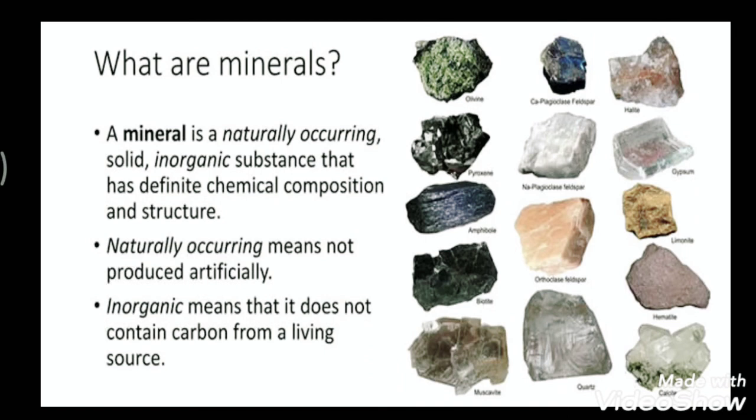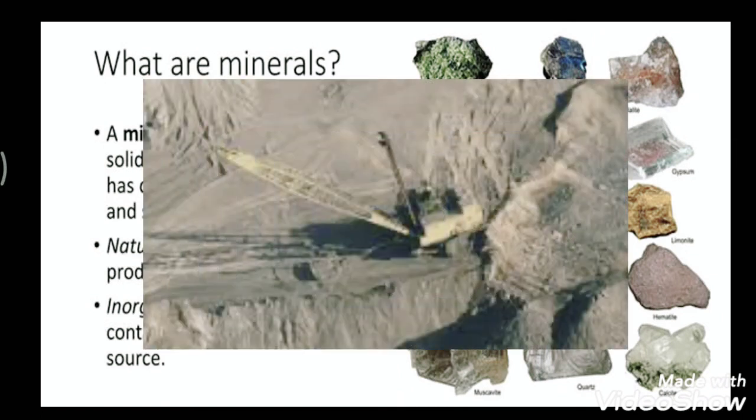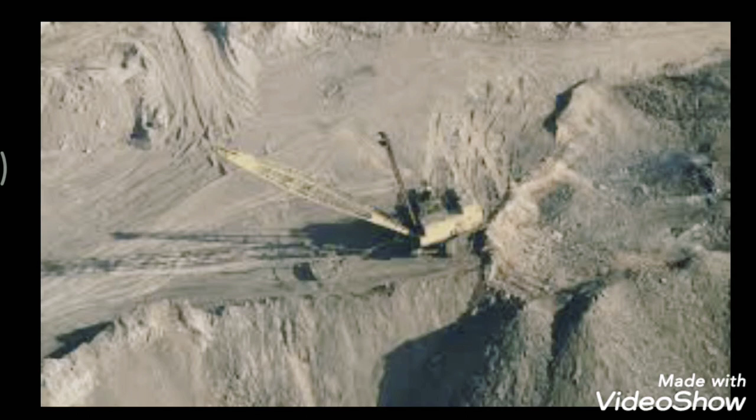Now naturally occurring means that it is not produced artificially, and inorganic means that it does not contain carbon from a living source. These rocks are made up of one or more minerals.